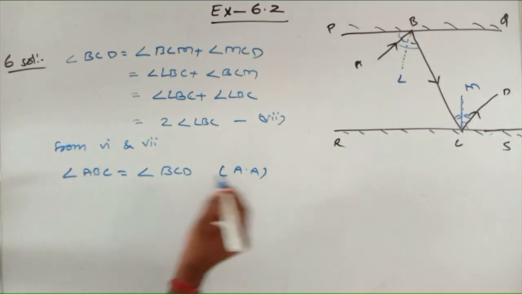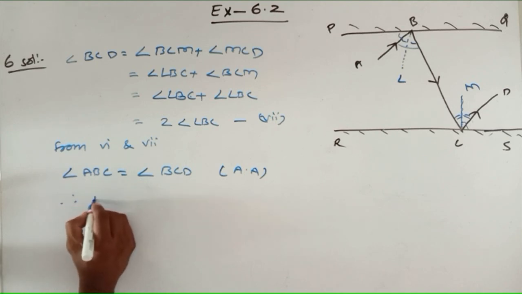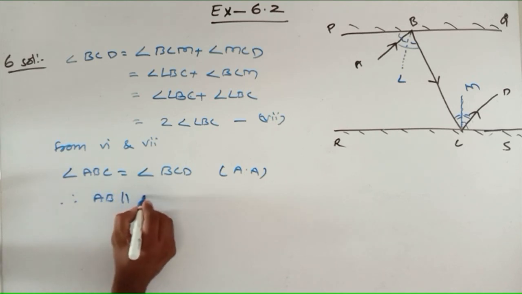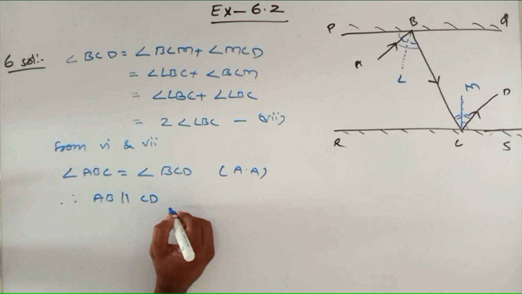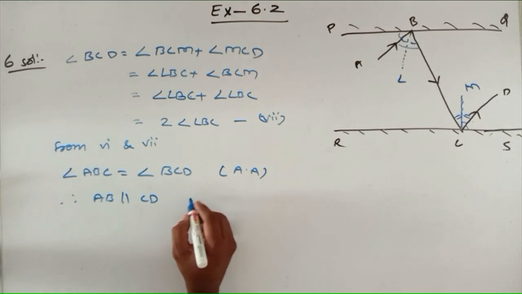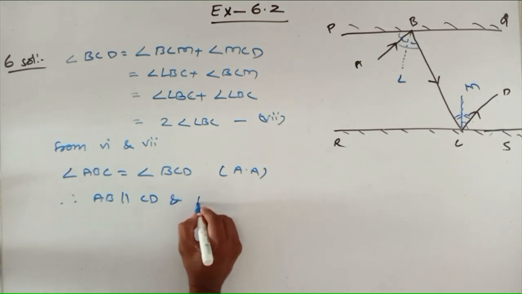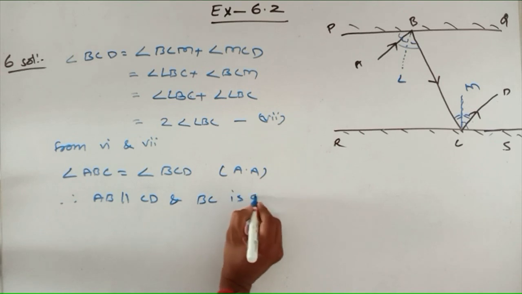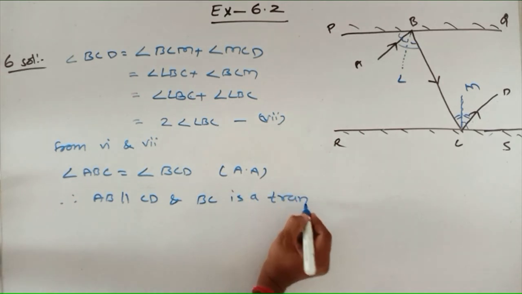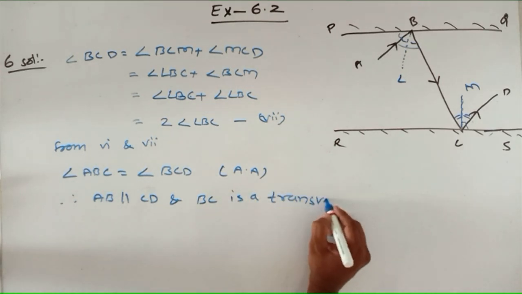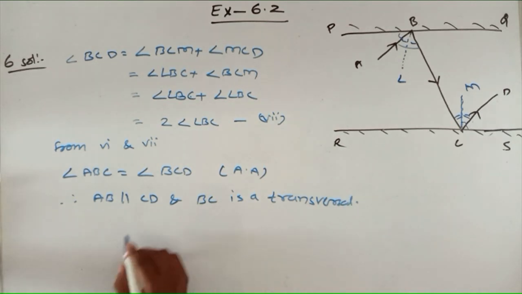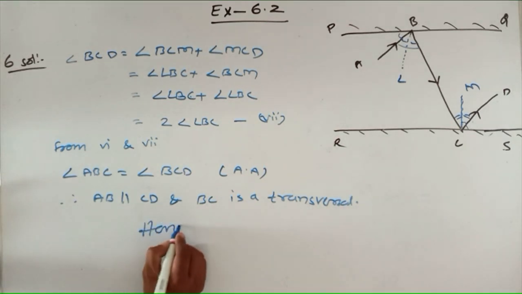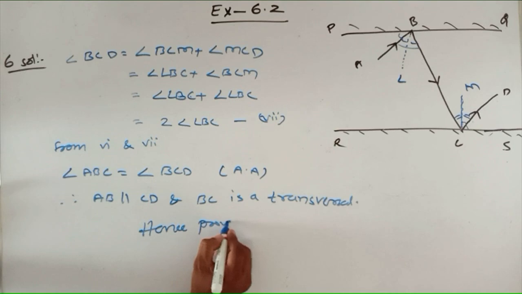If alternate angles are equal, therefore AB is parallel to CD. AB is parallel to CD and BC is a transversal. So hence proved.